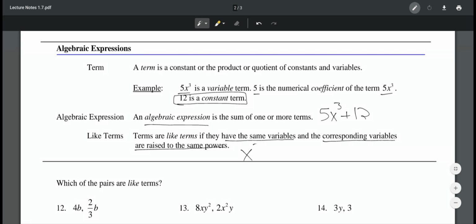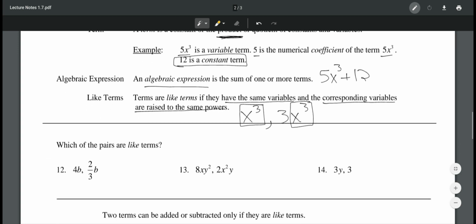So x to the third and 3x to the third are like terms because x to the third is in both groups. Now notice that a term, remember, is a product. So 3 times x to the third makes it a term.